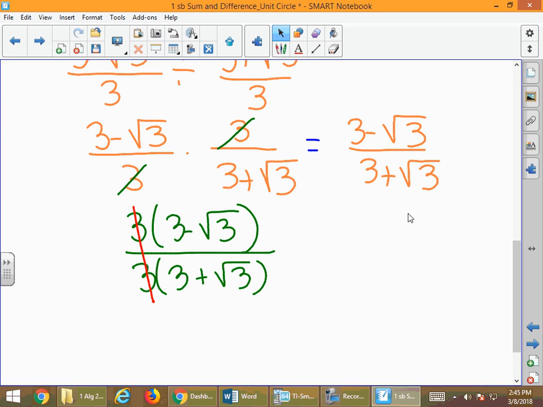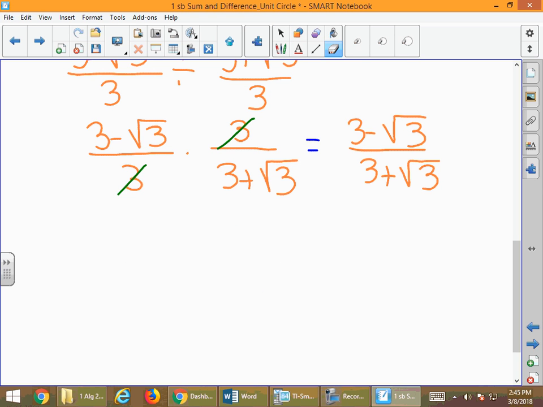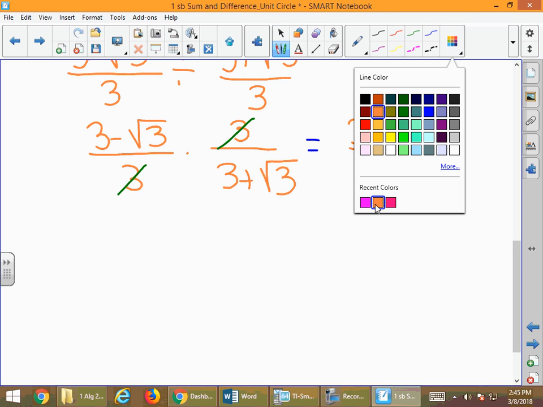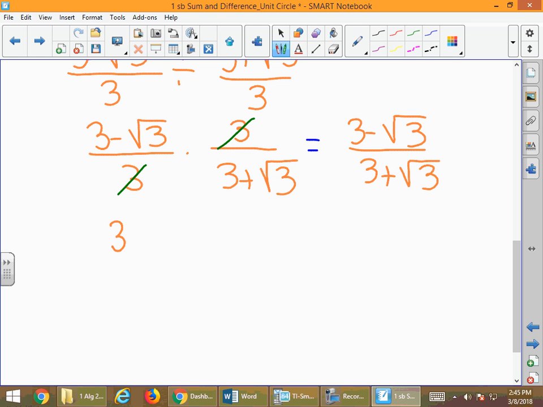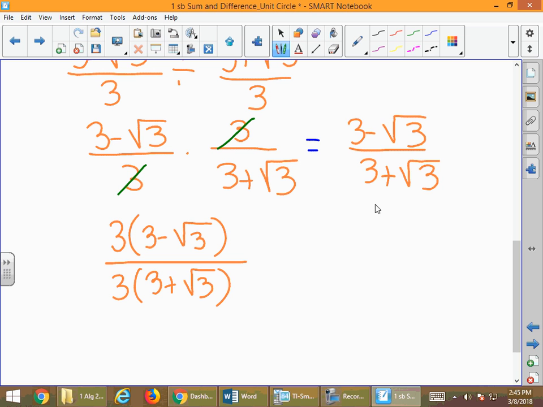And so down below it, I want to show again, actually I'm going to erase it and show it here on video, that when you multiply the tops together and we multiply the bottoms together, we get 3 times 3 minus the square root of 3. And down here in the bottom, when we multiply, we get 3 times 3 plus the square root of 3. And then these 3's cancel out, and that's where I got that value right here.